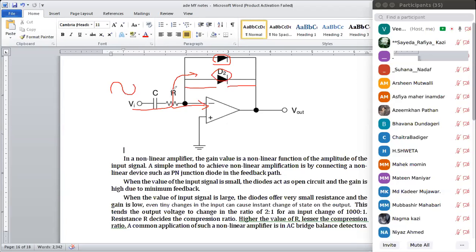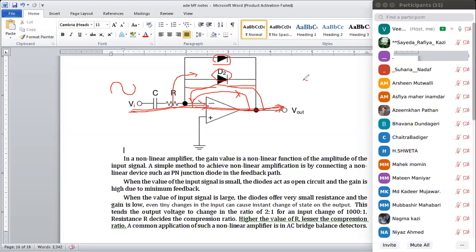So suddenly what will happen? The gain will be very high. Whatever input we give goes directly to the output side, right? There is no feedback connected here. It is an open circuit. Whatever the output is, we are not getting it at the input side. So whatever we give as input, we suddenly get at the output.